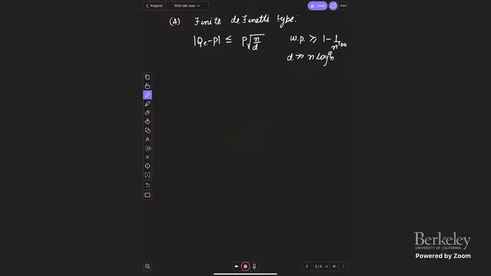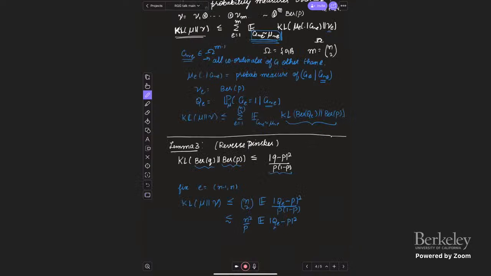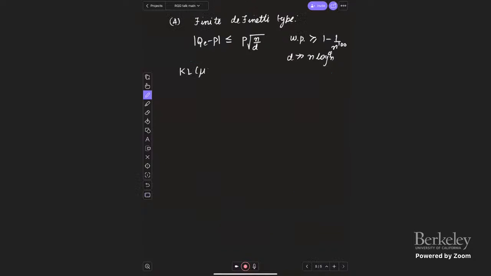Okay, let's say that we were able to show this. Let's go back to the reverse Pinsker inequality, which we got for KL divergence, and plug this in and see that we get the first bound. We saw that KL between mu and nu was less than or equal to n squared over P times expectation of |QE minus P| squared.